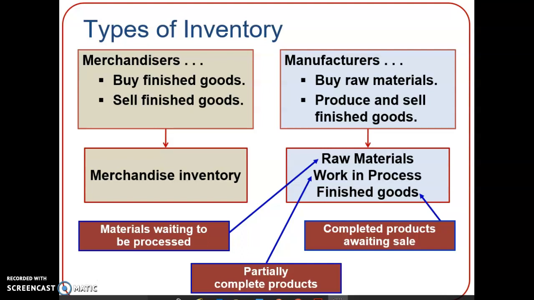Manufacturers, on the other hand, are more complicated because they buy raw materials and then convert the raw materials into finished goods and sell those finished goods.